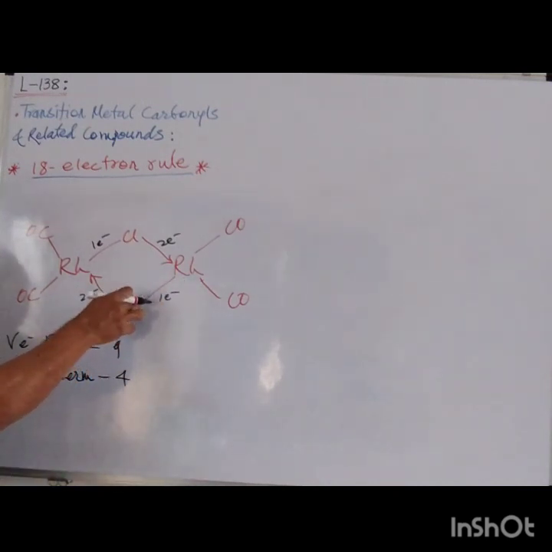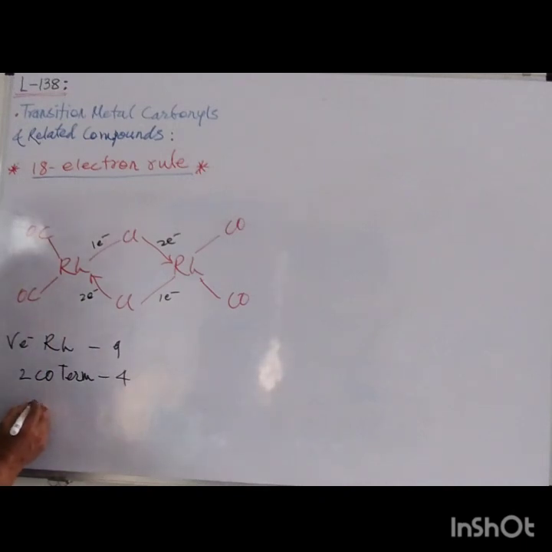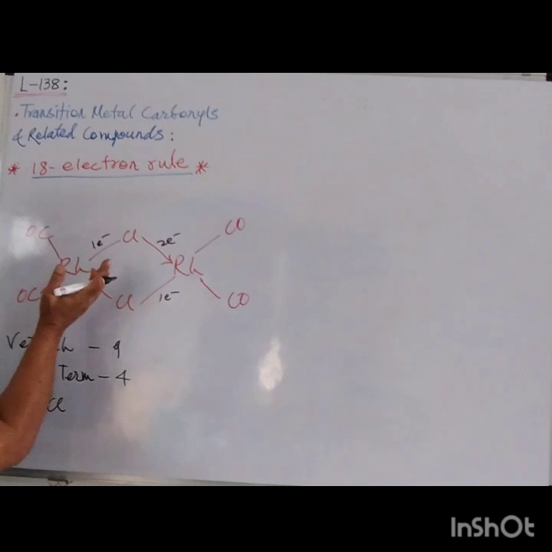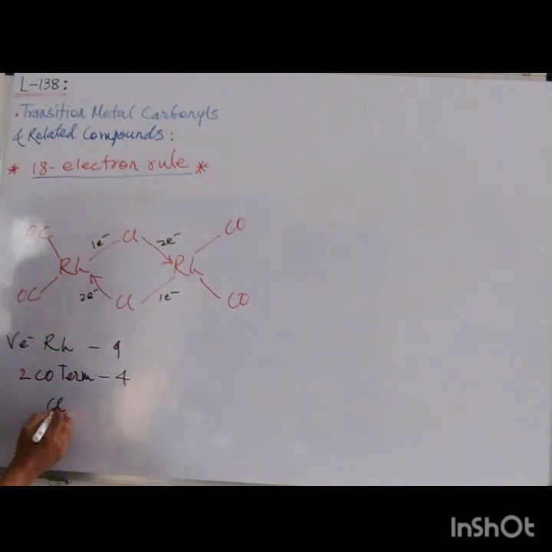This Rh is also bonded with 2 Cls, but this Rh will get 2 electrons from this Cl and 1 electron from this Cl. So we can divide this molecule into 2 halves, and we can consider that each Cl will contribute 3 electrons in all.